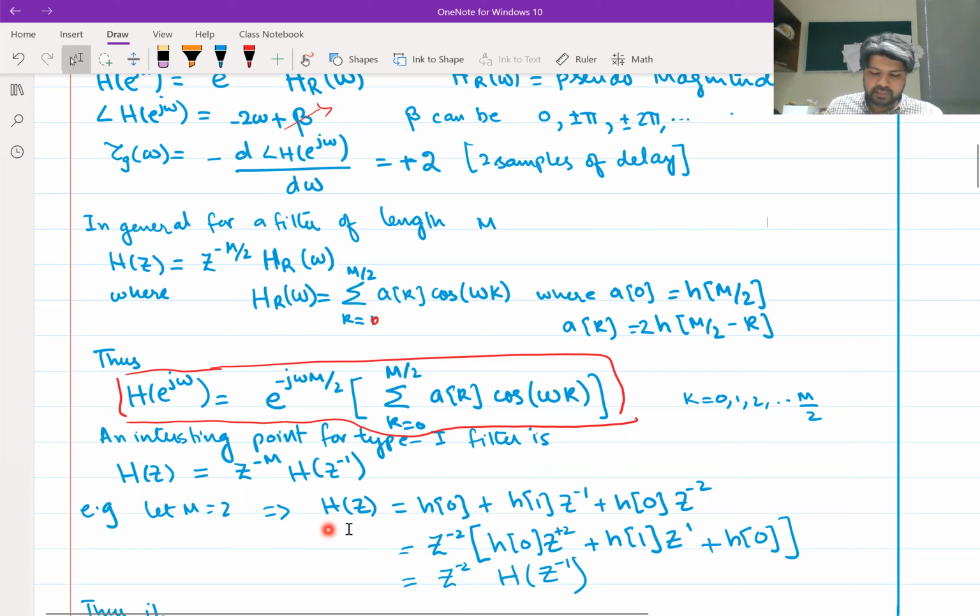If m is equal to 2, what does h of z become? h of 0 plus h1 z inverse plus h0 z to the power minus 2. Only three taps are possible. Taking z to the power minus 2 common, it would be h of 0 times z to the power 2 plus h of 1 z to the power 1 plus h of 0, which is equal to z to the power minus 2 times h of z inverse.